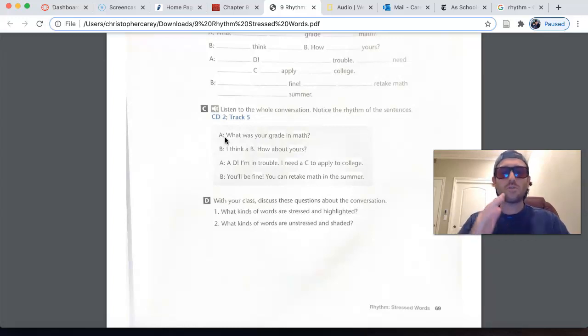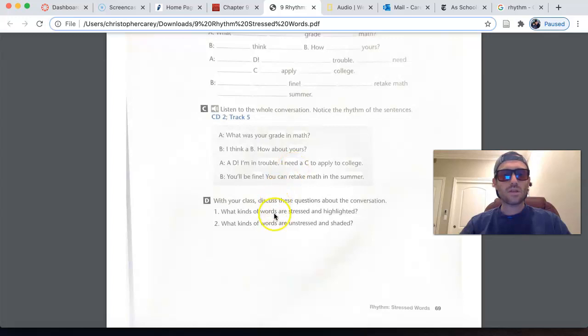So there's this flow, right? This up and down flow of stress and unstress, of strong and weak. What kind of words are stressed and highlighted? What part of speech? What part of speech is "what" and "grade" and "math"? "Think," "B," "how," and "yours." What kind of words are those?